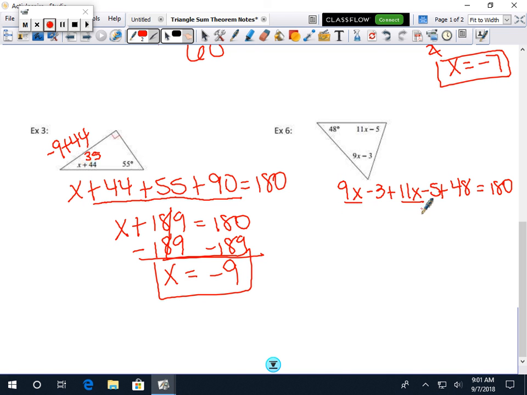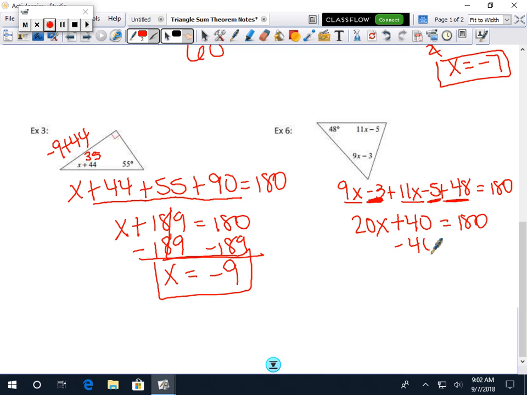My 9x and my 11x are like terms, so 9x plus 11x gives me a positive 20x. Then negative 3 minus 5 plus 48 gives me a positive 40, and that's equal to 180.